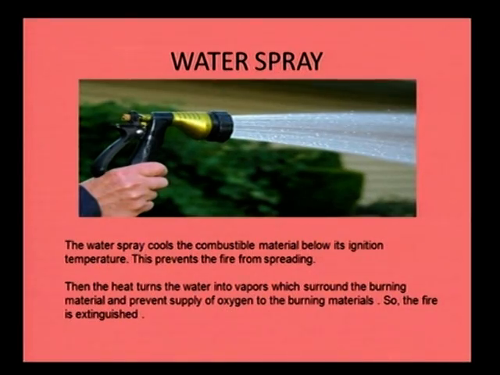The water spray cools the combustible material below its ignition temperature. This prevents the fire from spreading. Then the heat turns the water into vapors which surround the burning material and prevent supply of oxygen to the burning materials. So, the fire is extinguished.